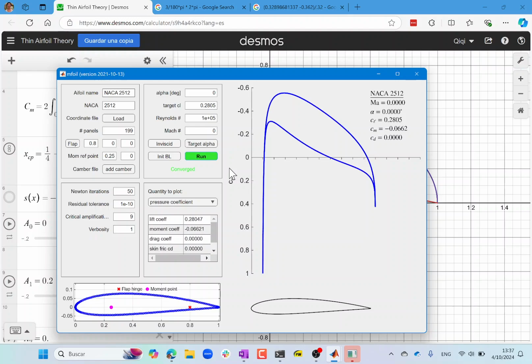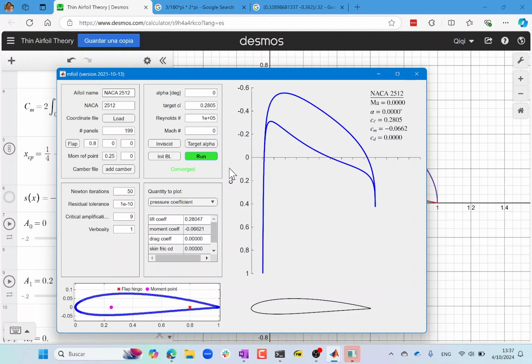The gap over here is maximum in the middle, right? But it's not a sharp maximum. It's pretty flat. Flat means in this case these two lines are pretty parallel in a pretty big portion in the middle. It means the pressure difference between upper and lower surface stays roughly the same number for a large fraction of the chord.